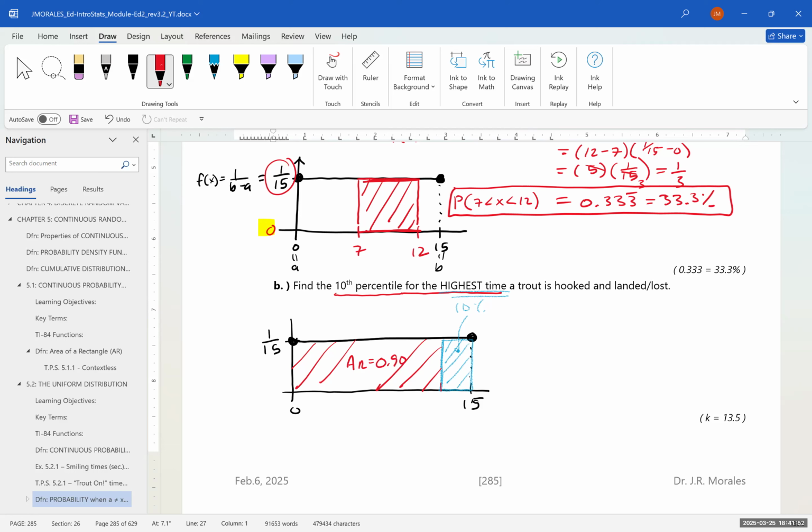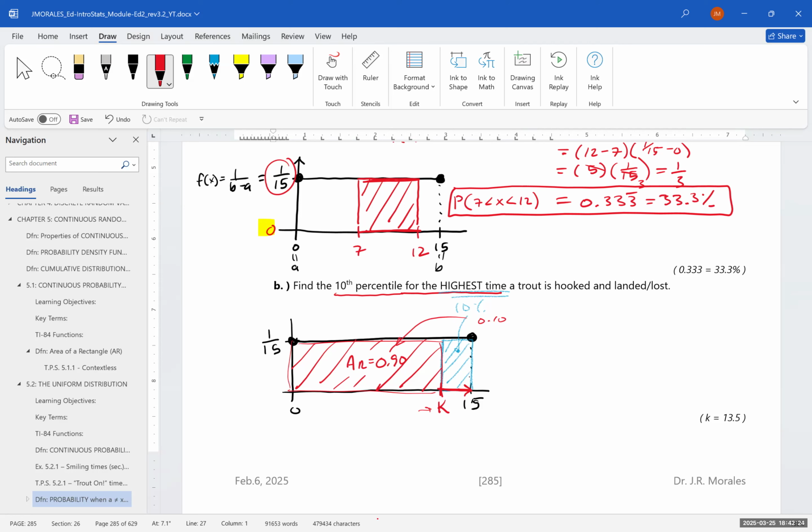We need to find this value here, which separates the 90th percentile from the highest 10 percent. So we have to do a little conversion, changing a value of 0.10 into 0.9, and then calculate this value in order to get K.